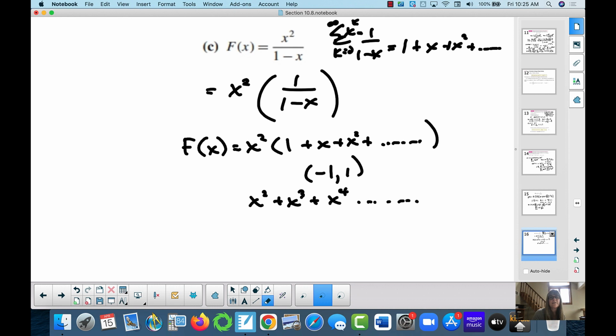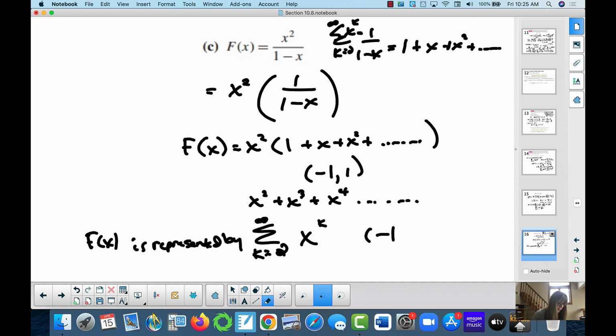So you'll notice that it's this sum, but k isn't starting at 0, k is starting at 2. So instead of using k equals 0 to infinity, we're going to use k equals 2 to infinity of x to the k. So f of x is represented by that sum on the open interval of -1 to 1.